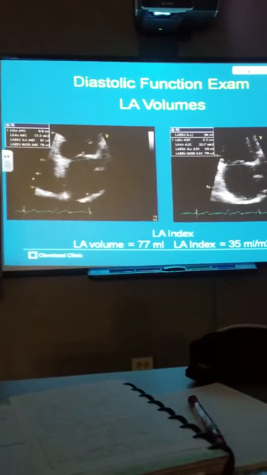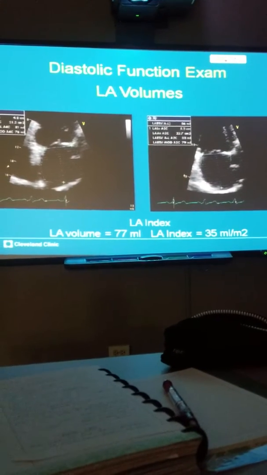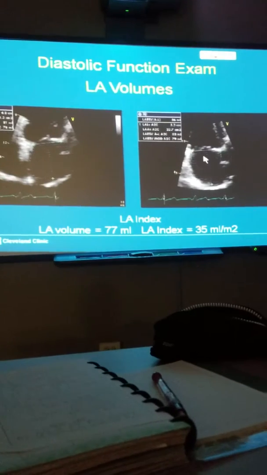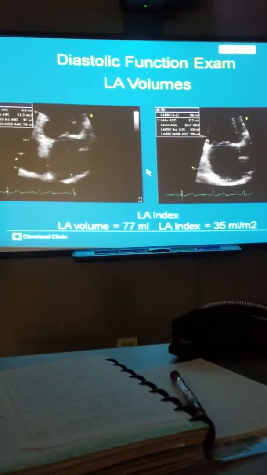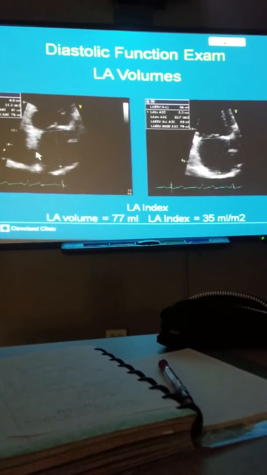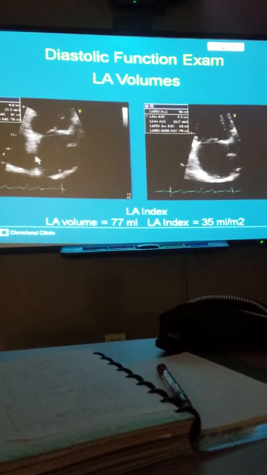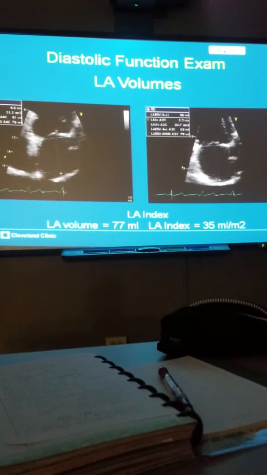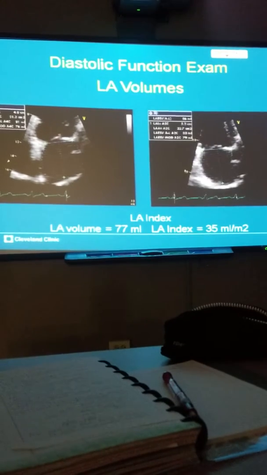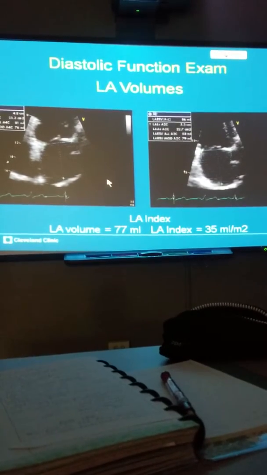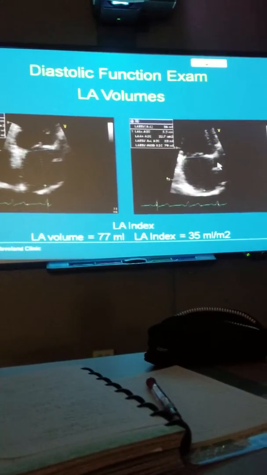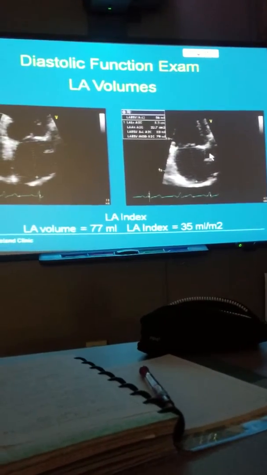What we do to get an LA index is we do a 4-chamber view and a 2-chamber view, and we're looking at the difference here and coming up with the LA index with the volume. So that's very important in diastolic function, knowing if the patient has a normal LA size or not. And when you're tracing your atriums, you want to make sure that you're not going into the pulmonary vein or that you're taking in the left atrial appendage as part of the size.